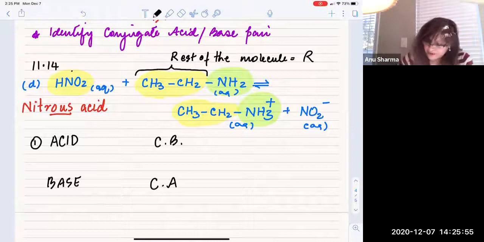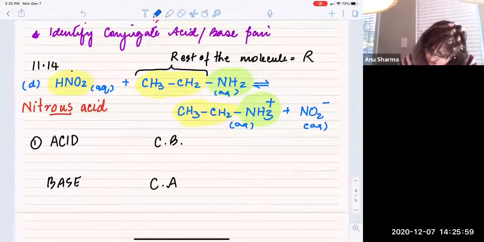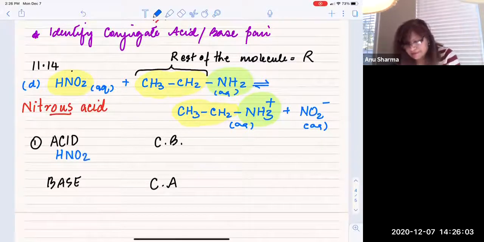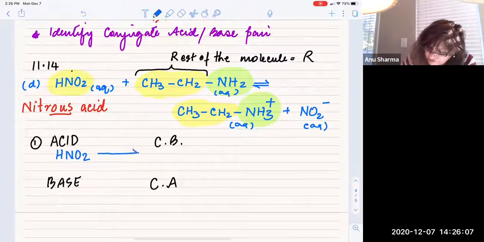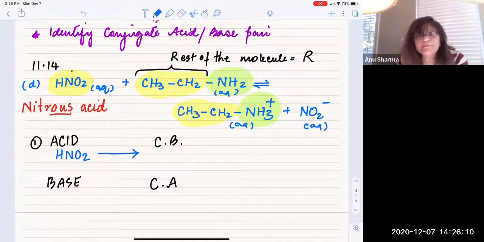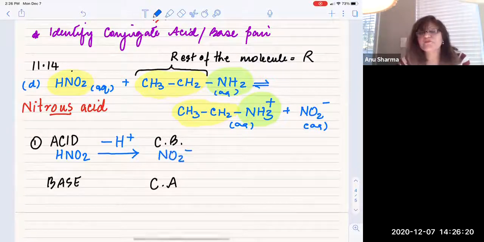So tell me now. The acid we identified as HNO2. So what is the conjugate base of HNO2? Remember acid, base, the NO2, very good. Minus one hydrogen ion, and this becomes NO2 negative.